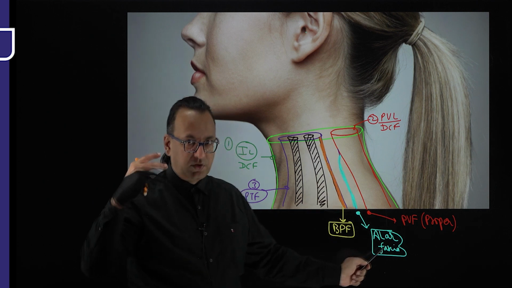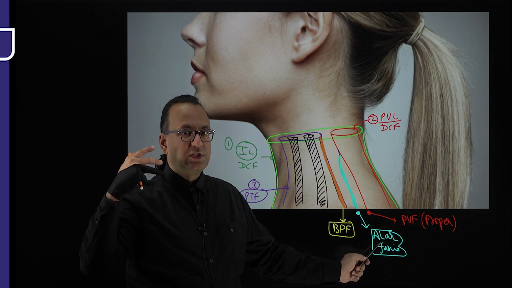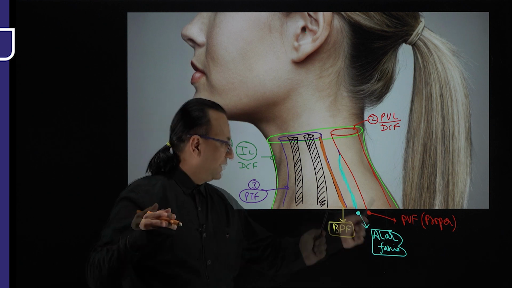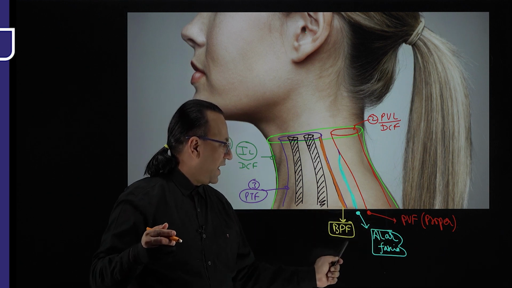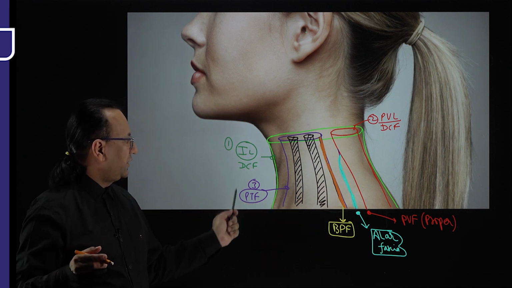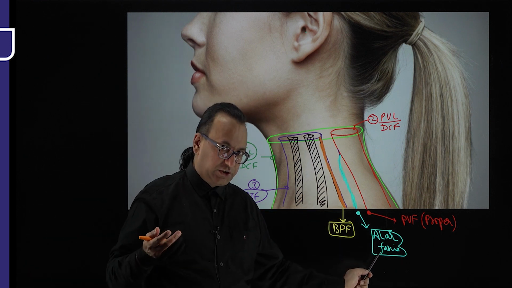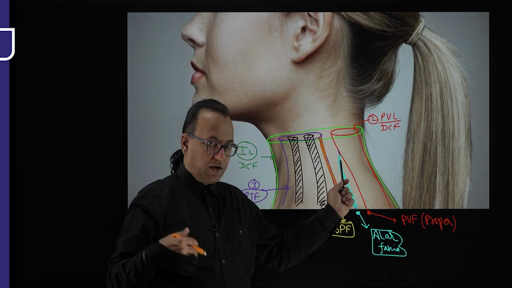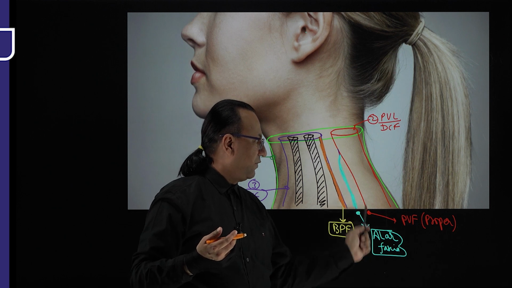This time you have three fascias, and then there are three spaces which are related to these fascia. So what are the three fascia anterior to posterior? Anteriorly we have the buccopharyngeal fascia, which is the posterior modification of the pretracheal fascia, and number two, the alar fascia, which is a modification or anterior splitting of the prevertebral fascia, and number three, the prevertebral fascia proper.